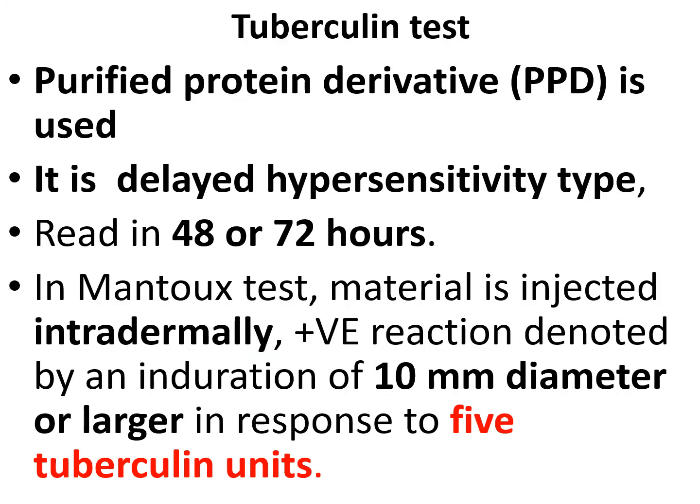Tuberculin test: purified protein derivative, PPD, is used. It is the delayed hypersensitivity type, read in 48 or 72 hours. In the Mantoux test, the material is injected intradermally. A positive reaction is denoted by an induration of 10 mm diameter or larger in response to 5 tuberculin units.